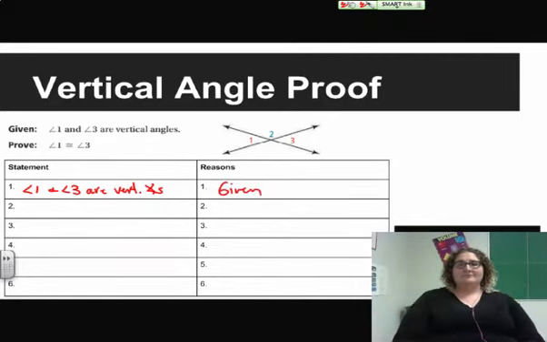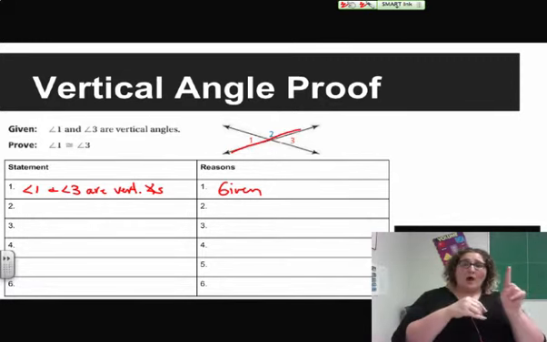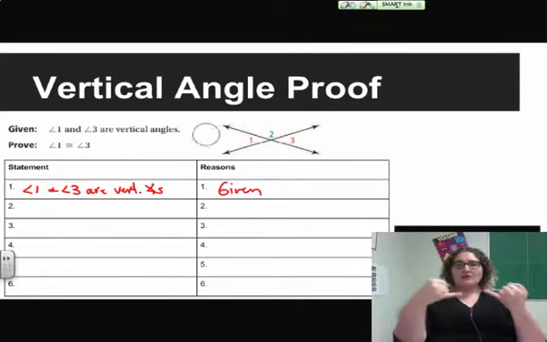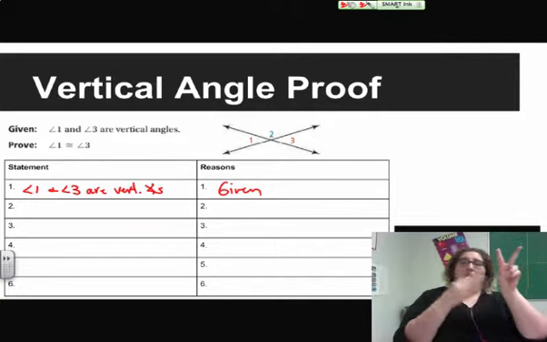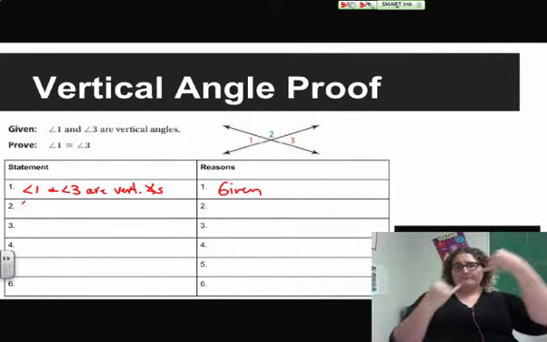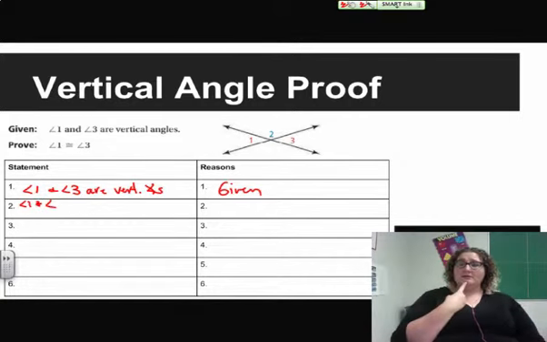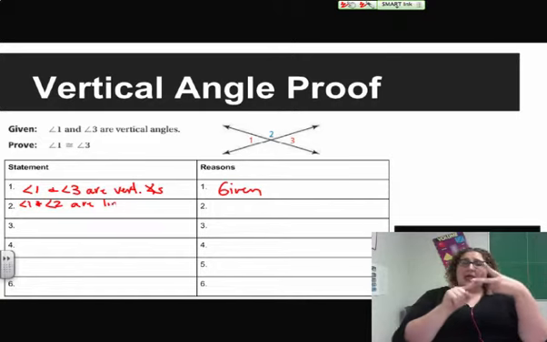Okay, then we need to say that we know that angle 1 and angle 2 right here form a straight line, so they're a linear pair. But angle 2 and angle 3 also form a linear pair. So to write that down, we would say angle 1 and angle 2 are linear pairs.